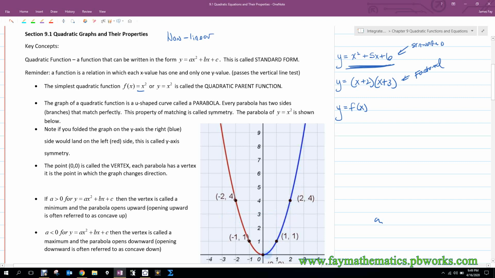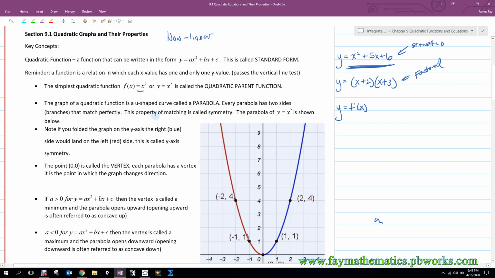The blue branch here matches perfectly to the red one if we were to fold on this y-axis. Envision having this graph in your hands on a solid piece of paper and folding on the y-axis. This blue branch would land directly on top of that red one, or vice versa.